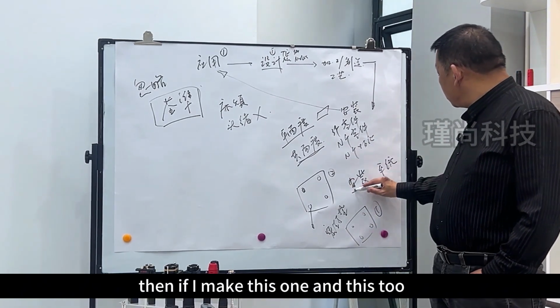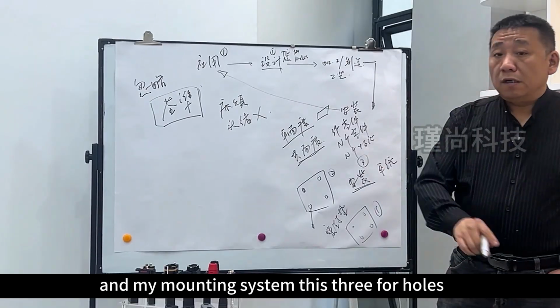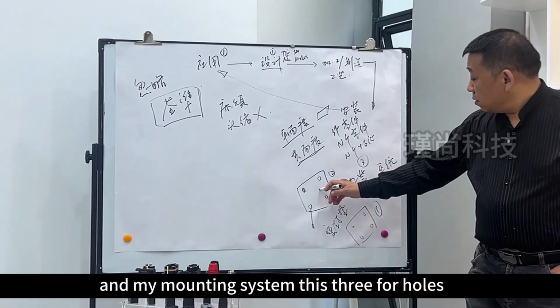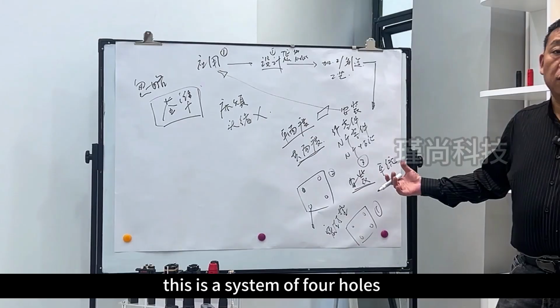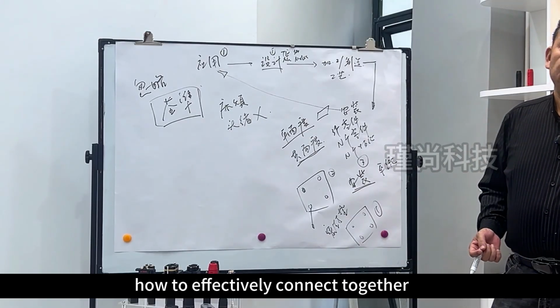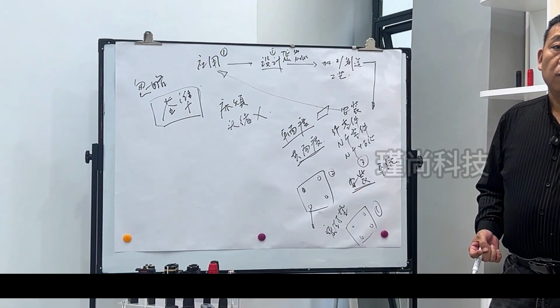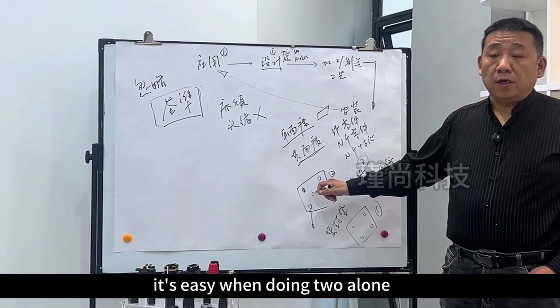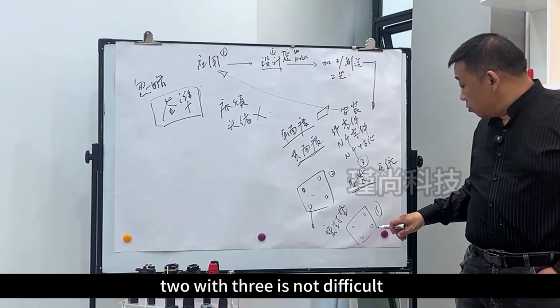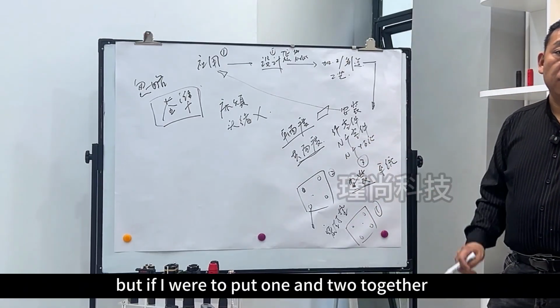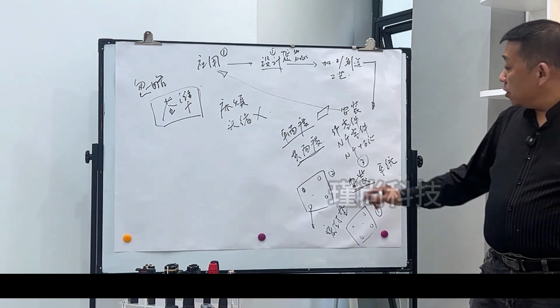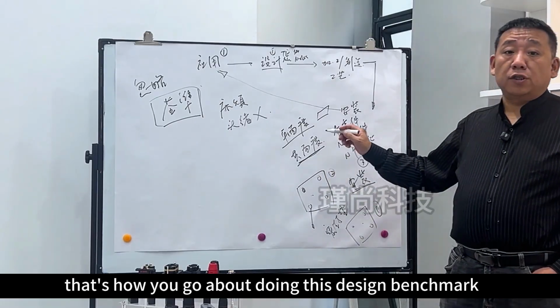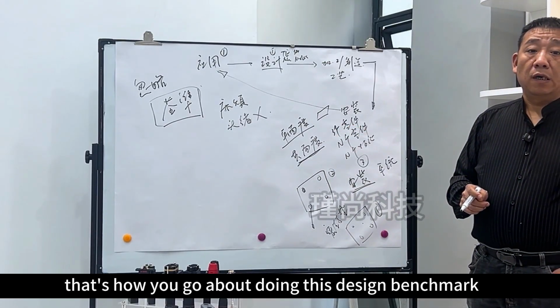Then if I make this one and this 2, and my mounting system, this 3, each with 4 holes, this is a system of 4 holes. How do we effectively connect them together? Then it gets complicated. It's easy when doing 2 alone, and 2 with 3 is not difficult. But if I put 1, 2, and 3 all together, how do I go about this design benchmark?